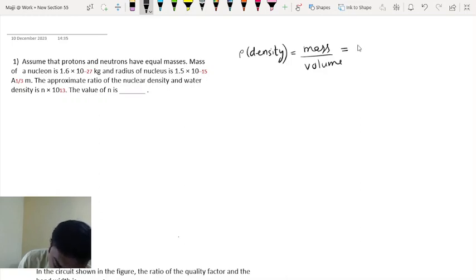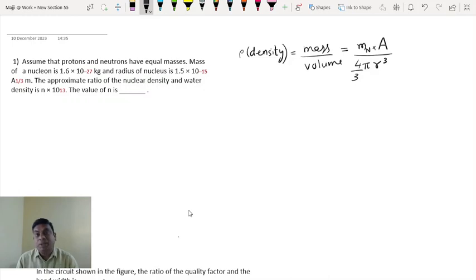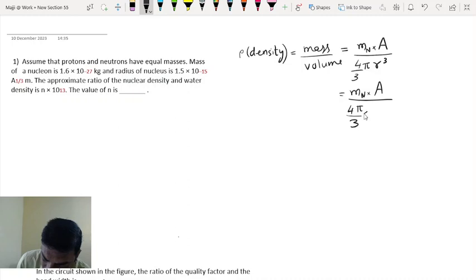I'll take the mass of each nucleon as mn into number of nucleons, that is the mass number, whole divided by volume, you can take it as 4 by 3 pi into radius cube. Assuming a nucleus to be a spherical body, we can always assume it to be a spherical body. Then you have mass of a nucleon into mass number upon 4 pi by 3 into this.